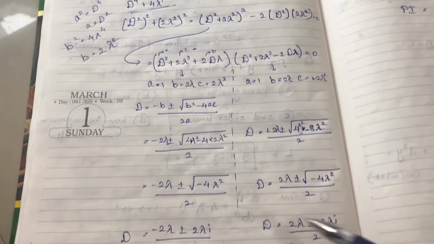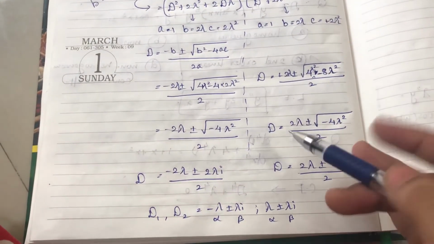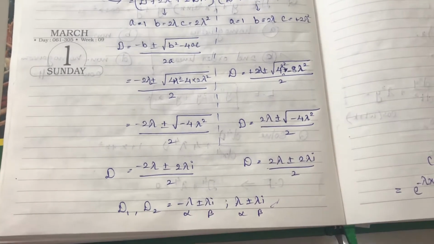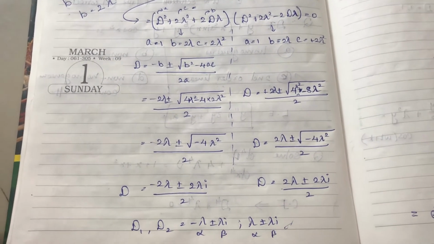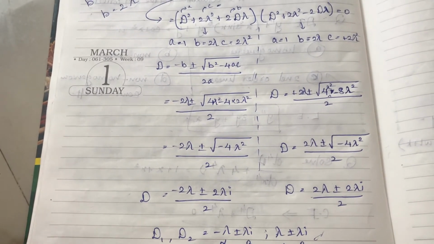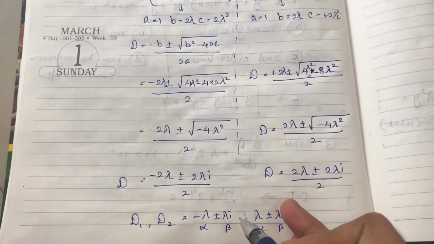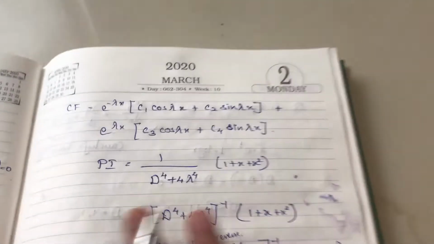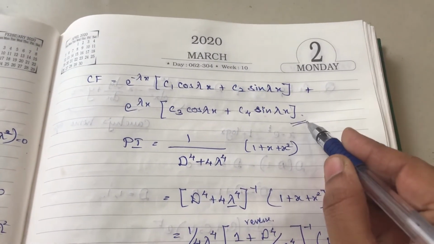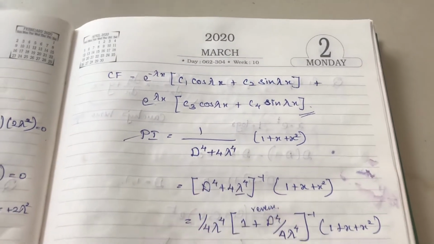Just substitute all these values and you will get the answer as minus lambda plus or minus lambda i, where i is the complex term. So from here you can easily write the CF values, and we need to find the PI.